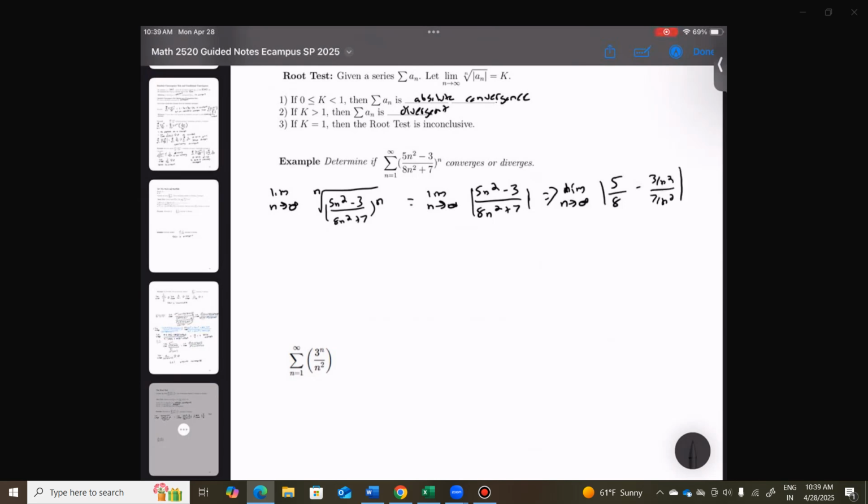The 3 over n squared and 7 over n squared, they go to 0. So this is going to be equal to the absolute value of 5/8, which is equal to 5/8, which is less than 1. So the series is absolutely convergent.